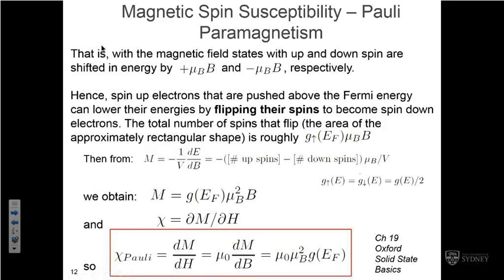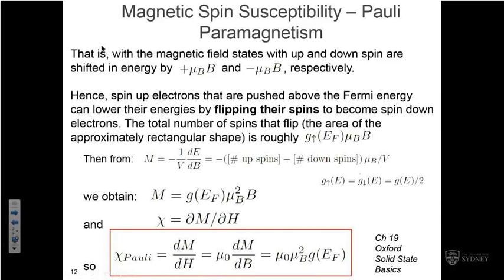So this is the important equation that we just derived, by looking at these density of states and knowing that they shift up in the presence of a magnetic field, they flip their spins and move down.